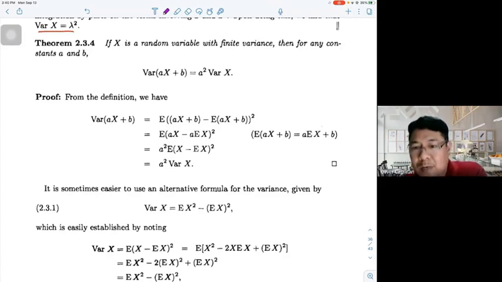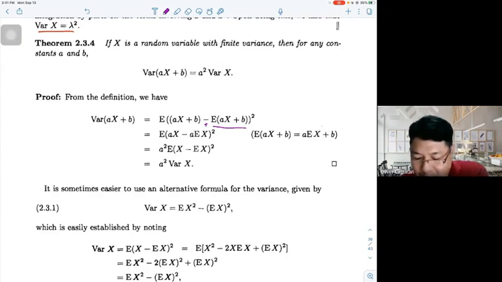And then since we know that the linearity property holds for the expectation operator here, the expectation of ax is a times the expectation of x, and the expectation of b will just be equal to b. So we have the negative of b for that here, because it's being preceded by a negative sign. So the b on the first term would sum to the negative b on the other term, it will equal 0.